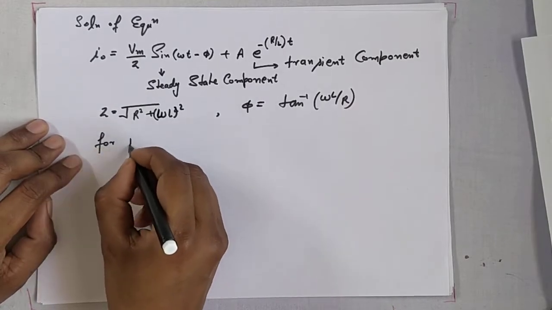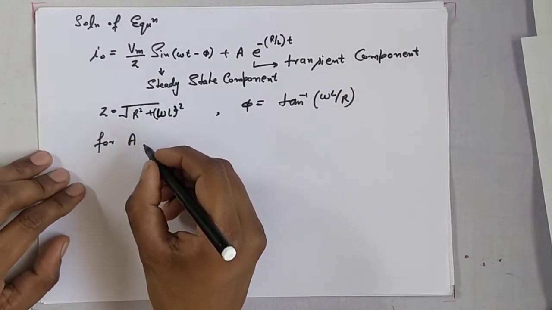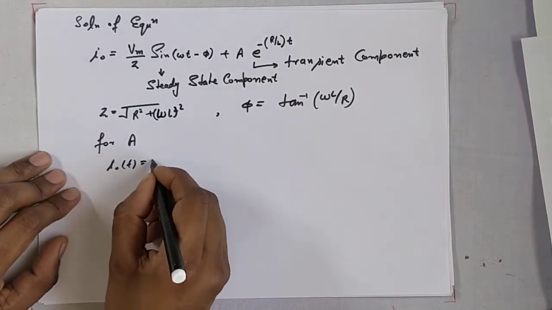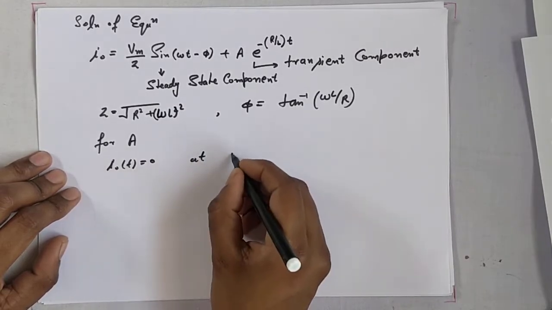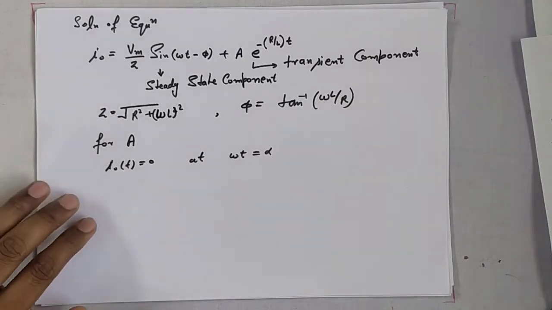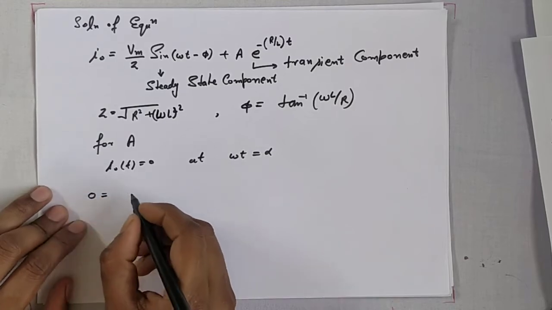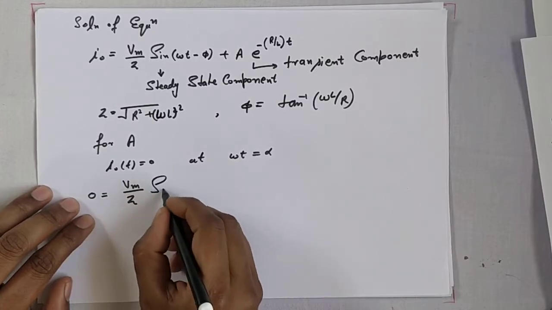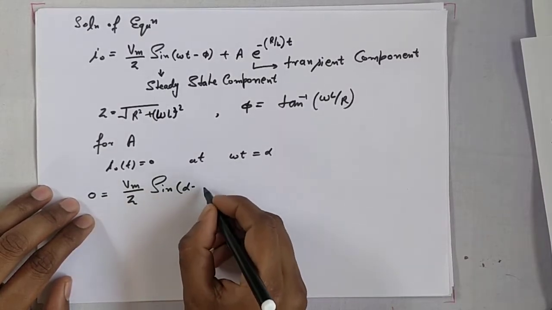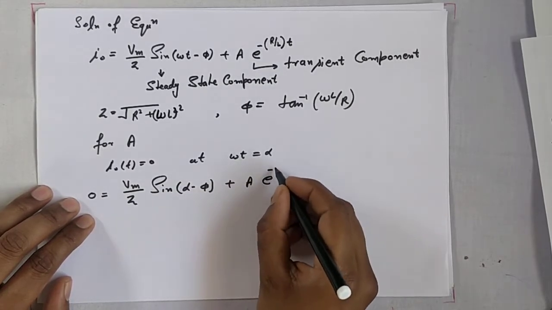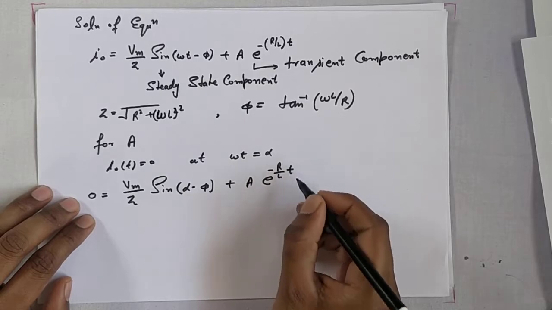To find A, suppose I naught is 0 at omega t equal to alpha. Let's put this into the equation: 0 equals Vm by Z sin(alpha minus phi) plus A e to the power minus R by L into t.